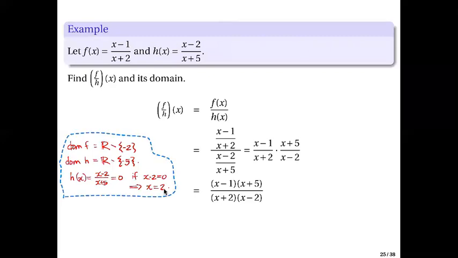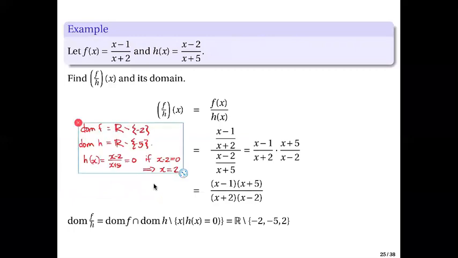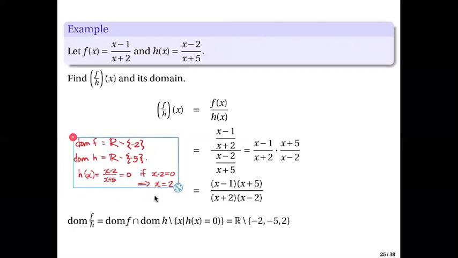So let me copy this part here. Now, our goal, find the domain of this function. We have the following. By definition, the domain of f over h is the domain of f intersection the domain of h. So let me enclose this with parentheses.